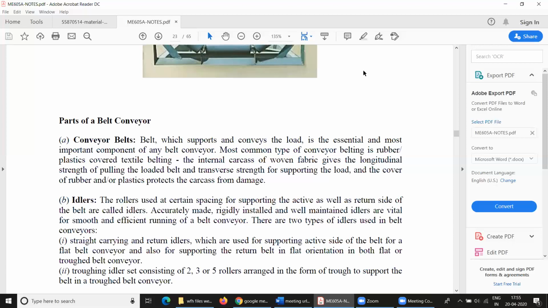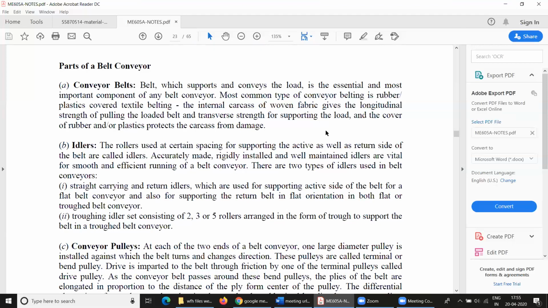And these idlers also have specific construction parts, and they conform to IS 9295:1983. They must be uniformly machined all over the outer diameter and the two ends of the inner diameter.